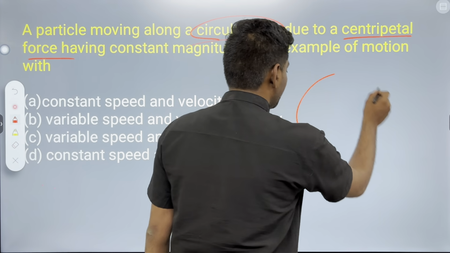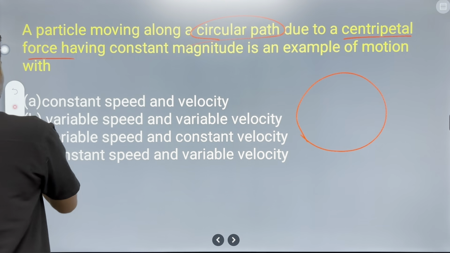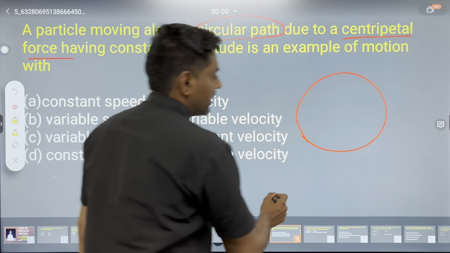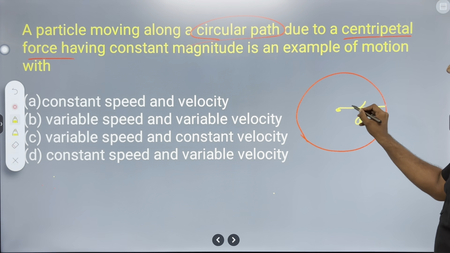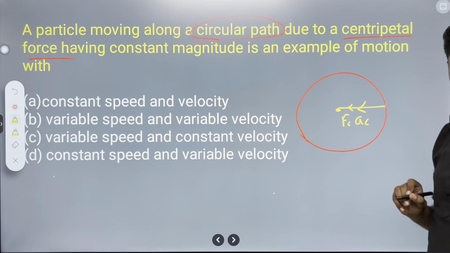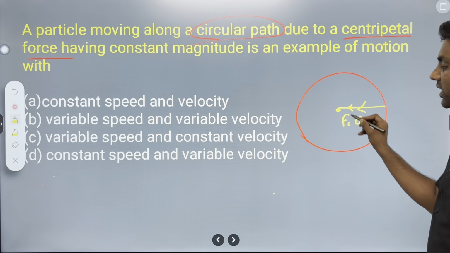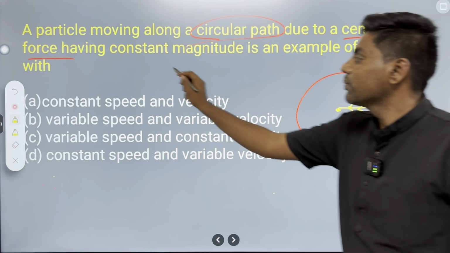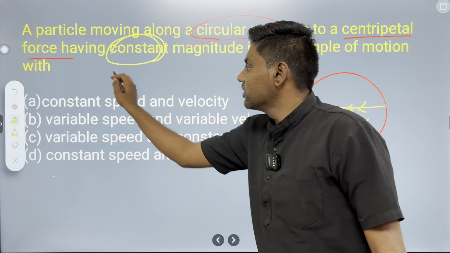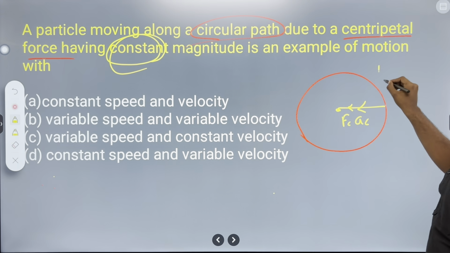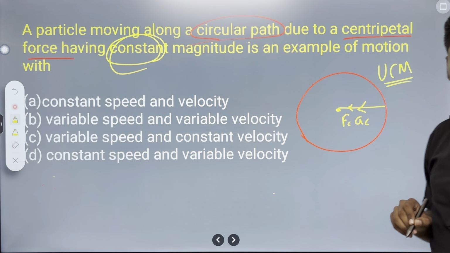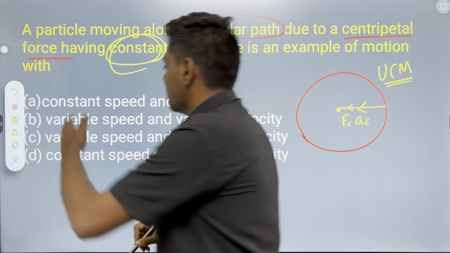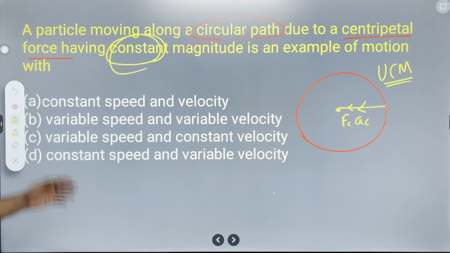You should know who is responsible for circular motion, that is centripetal acceleration. Its direction will be towards the center, and that is centripetal force, FC. So whenever the magnitude of centripetal force is constant, we can conclude that this is UCM, an example of uniform circular motion. So we have to check which example is correct.